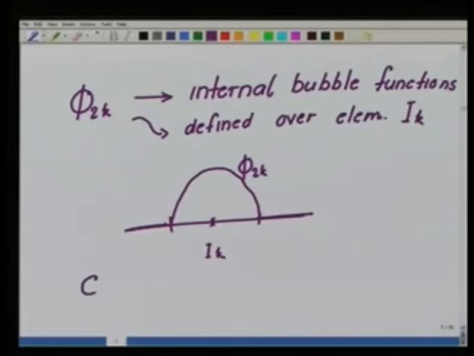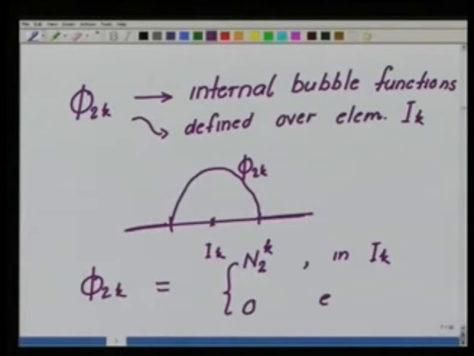So what we know now is that phi 2k is equal to, by definition, n2 of element k in element ik and 0 everywhere else.